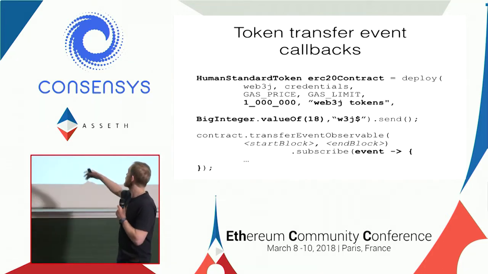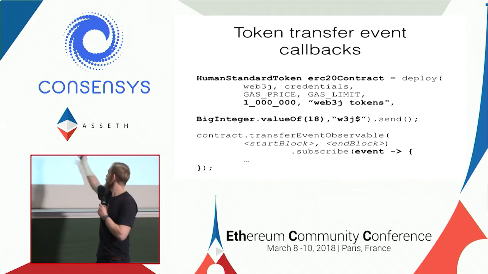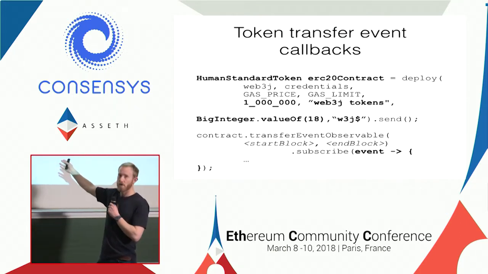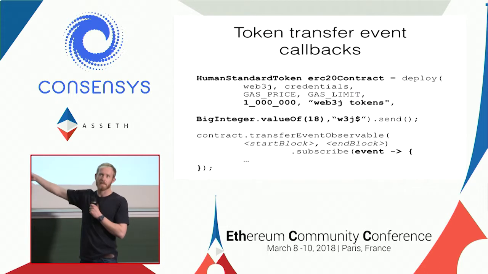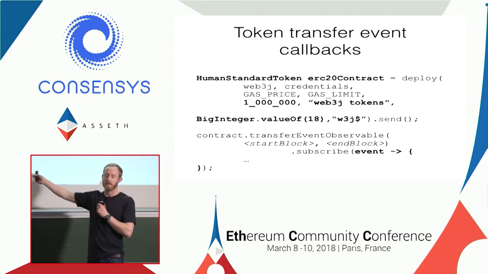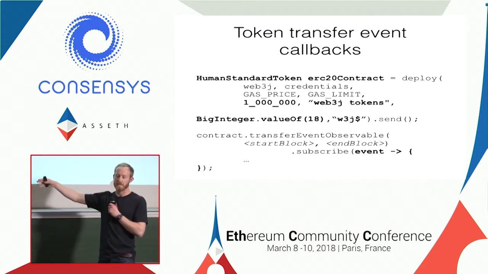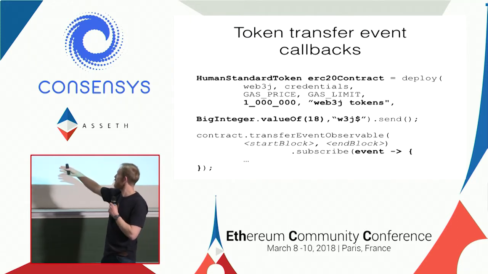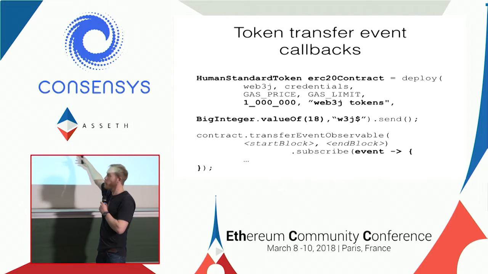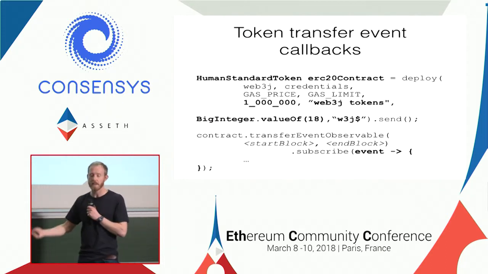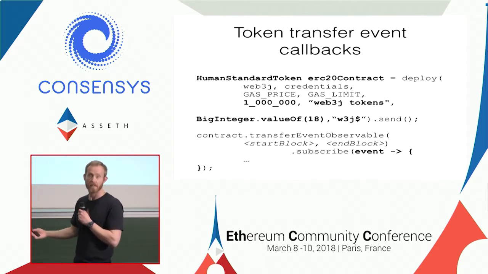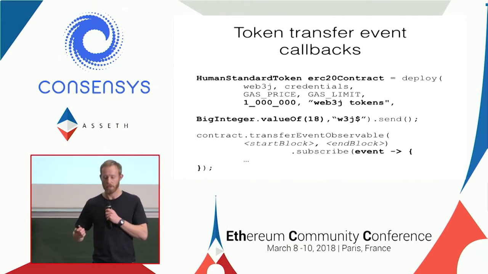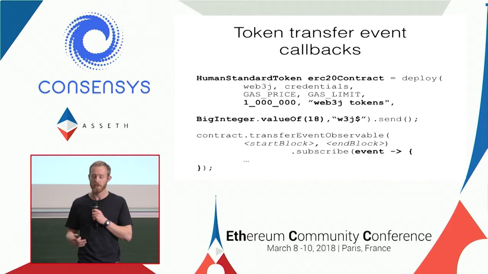So every time this transfer happens between any range of blocks, it can be since the beginning of time, so it will go back and find any historical points in time where that contract might have been used. Each time this transfer event happens, this callback is executed. So it makes it really easy to aggregate data, or just replay transactions and everything else in Ethereum associated with smart contracts.